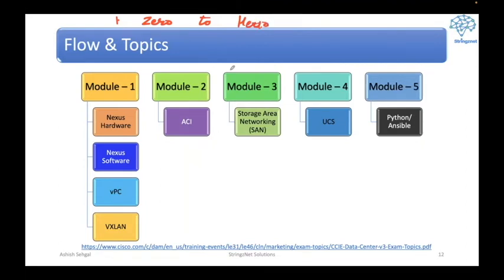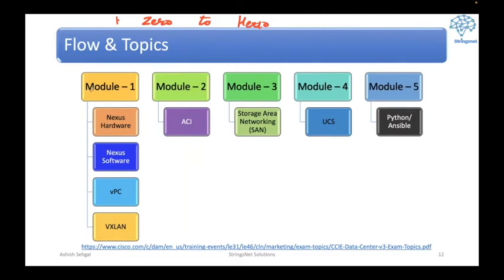Which means that those components which are not holistically part of the CCIE blueprint, but pretty important for us to know, we will be talking about those technologies and basic concepts as well. You can become a zero to hero only when your foundation is strong, and that is the objective of our CCIE data center course.